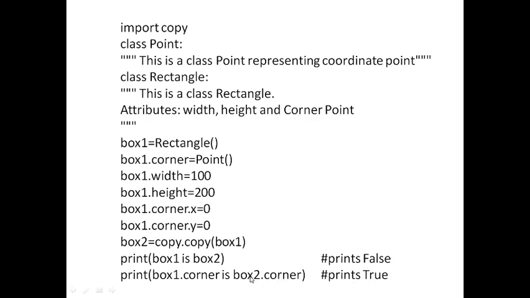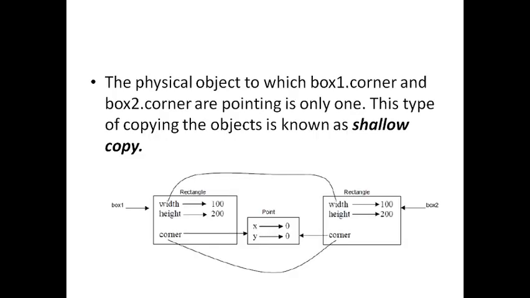Why, if box1 and box2 are different objects? Because corner is another object which is again referring to the same memory location as box2.corner, so they are the same. They are referring to the same physical memory location, not different ones.